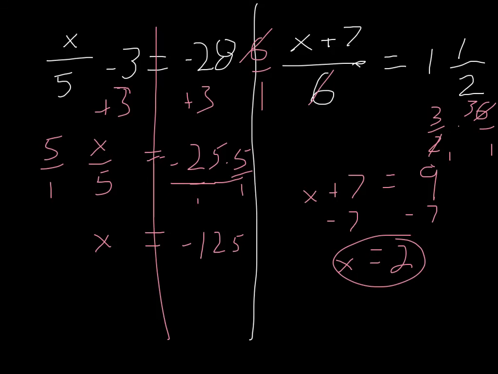If I want to check this answer, let's put in 2 for x. So 2 plus 7 is 9, and 9 divided by 6 is 9/6 reduced is 3 halves, and we know that 3 halves is the same as 1.5. So again, that is correct.